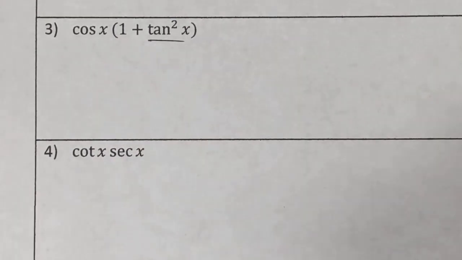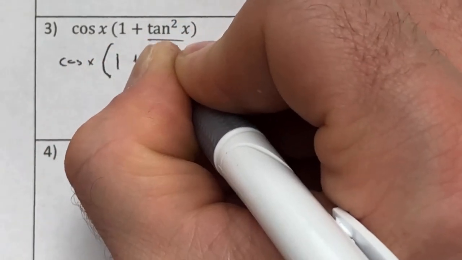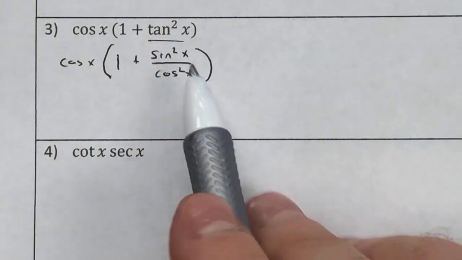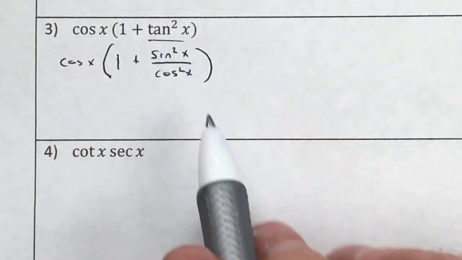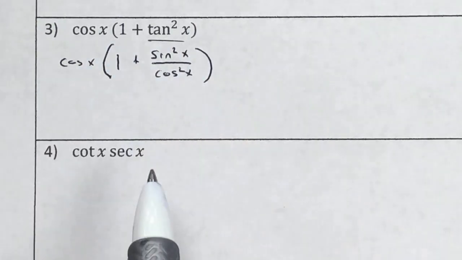I'm going to rewrite this tangent function as a sine over cosine. So cosine of x times 1 plus sine squared x over cosine squared x. I have to keep it as a squared because it was a tangent squared. Now I'm going to try to combine these as best I can.